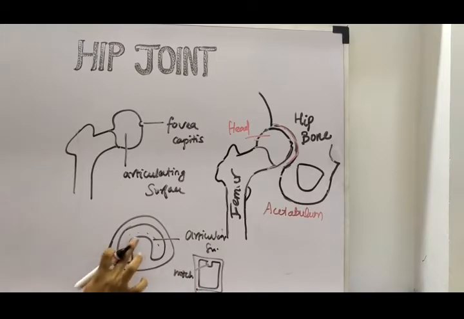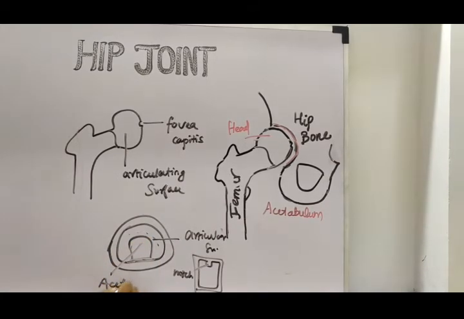Likewise in the acetabulum we have this notch, and here you will be having a ligament which is called the transverse ligament, so that bridges the gap. So the notch is converted into a fossa, an opening, which is called the acetabular fossa. So let me show you in the model.